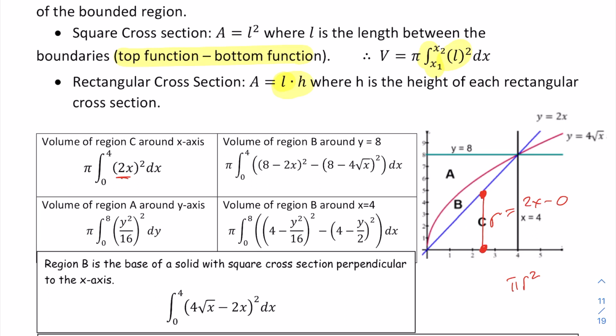If you're asked to rotate region B around y equals 8, again, I'm going to start at the axis of rotation and draw a radius to my outer boundary. I'm also going to draw a radius to my inner boundary, right? So I have my big R and my little r right there.